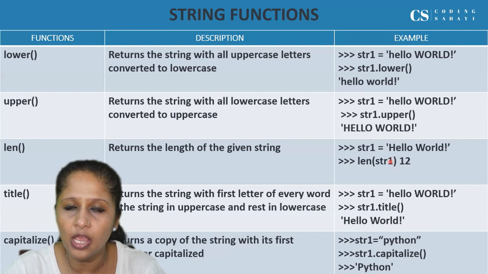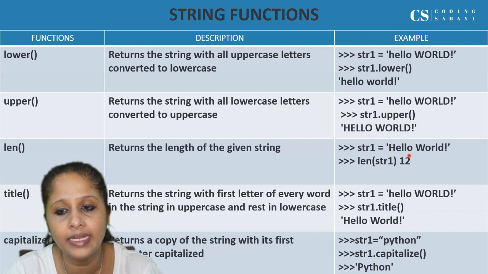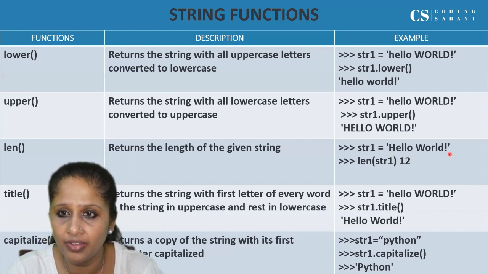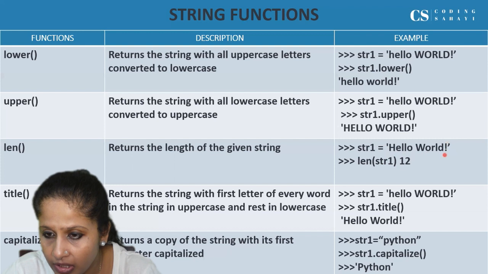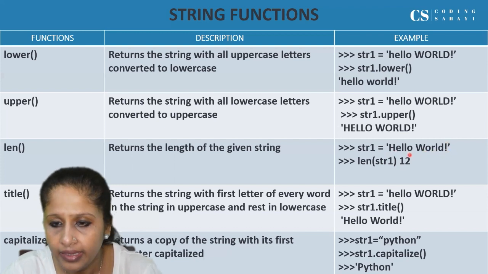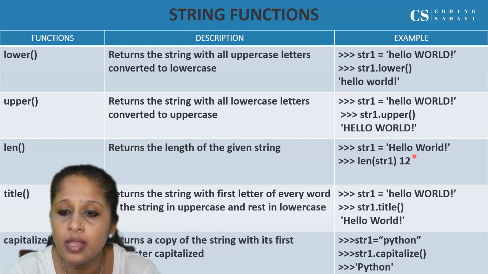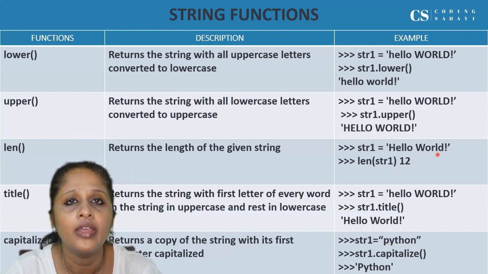Here len counts all the letters including spaces. Hello has 5 letters, world also has 5 letters, then we have an exclamation mark. So 5 plus 5 is 10, plus 1 is 11. Then between hello and world there is a space, so 11 plus 1 is 12. That is the length of this string.